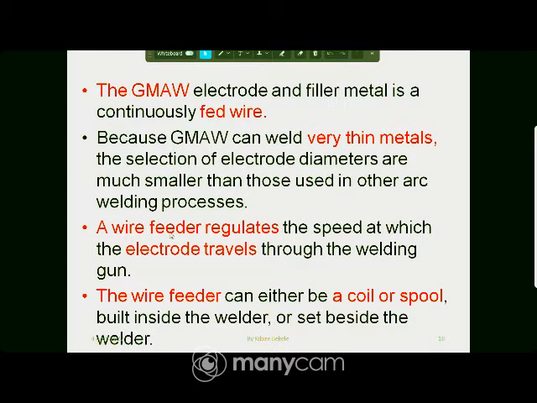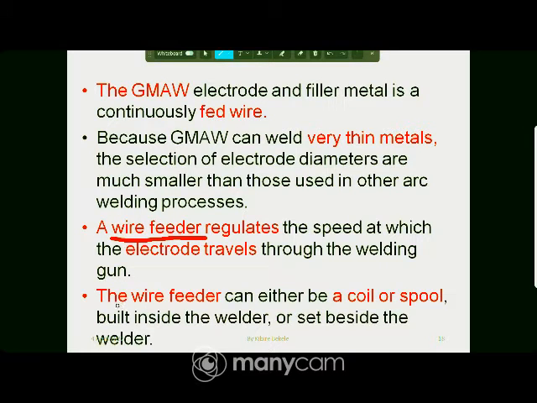There are also the wire feeder regulators, which regulate the speed at which the electrode travels through the welding gun. That is the welding liner and also the welding gun. We can adjust the speed of the wire through the welding gun by using the wire feeder.